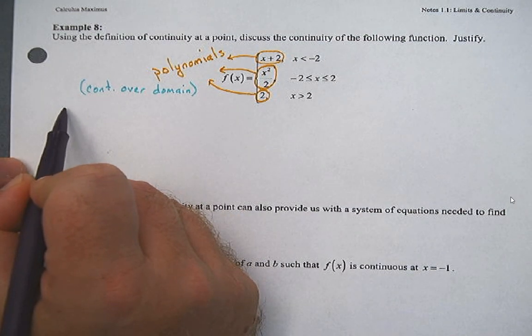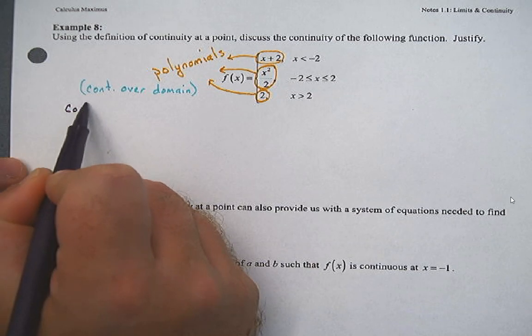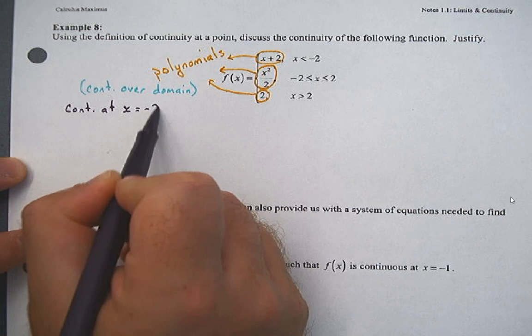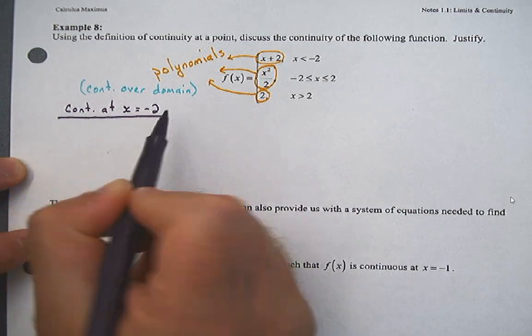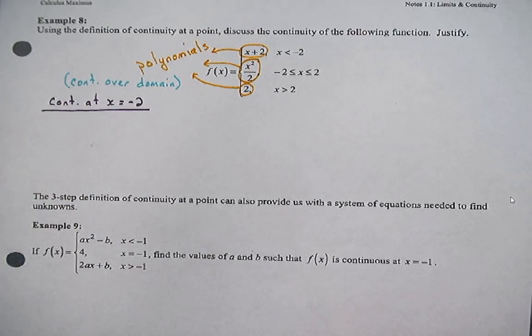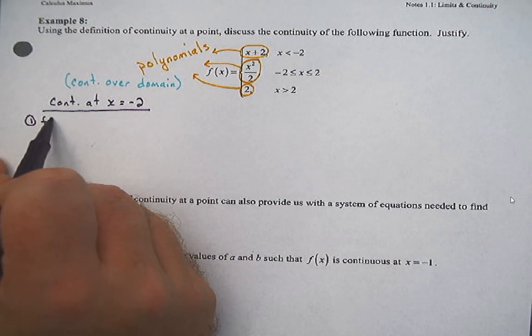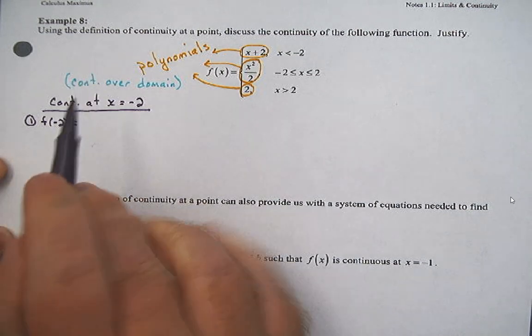Let's look at the continuity at x equals -2. So what are the three things of continuity? There are three pieces to it. Number one, there has to be a point. So let's show that there's a point called f of -2.